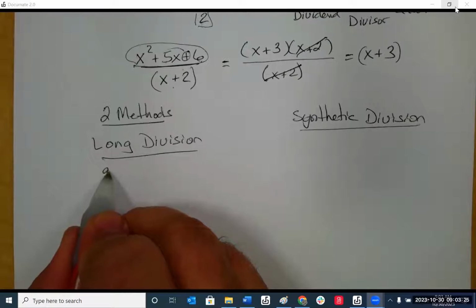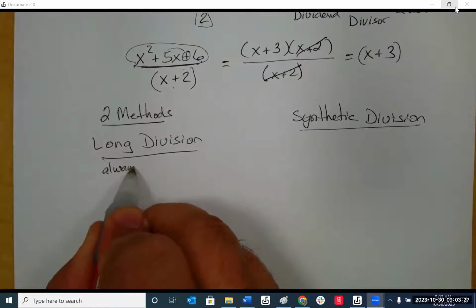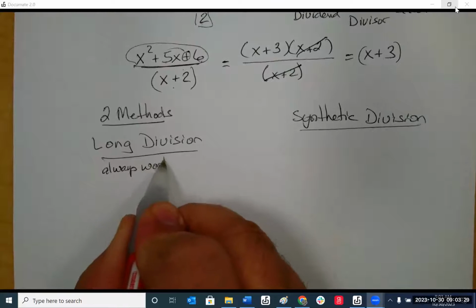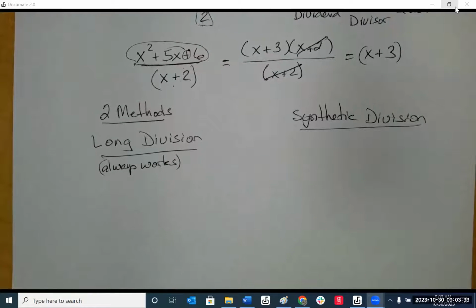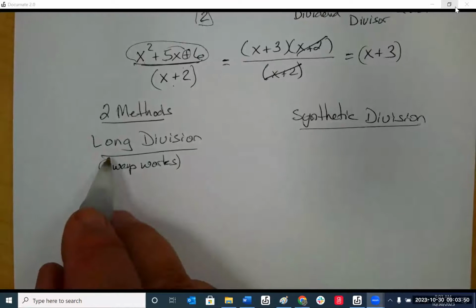Long division always works. No matter what kind of equations you have, it will always work, as long as the degree of the numerator is larger than the degree of the bottom. In other words, as long as it's a proper fraction. So let's look at how we do long division.